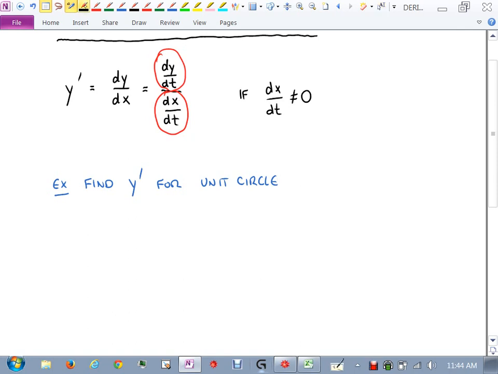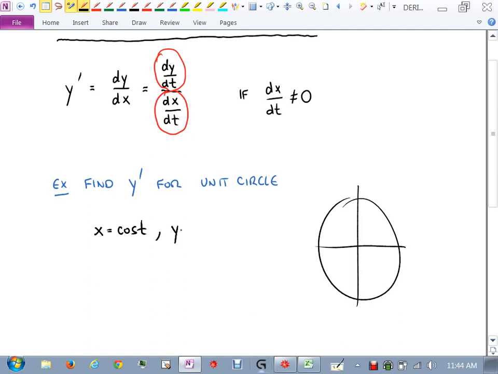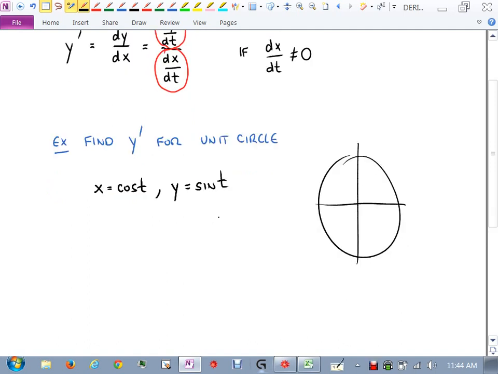So what we need to do is first come up with the curve equations, which we already did. We know that x is equal to cosine t, and y is equal to sine t. Let me find dx/dt real quick. What's dx/dt? The derivative of cosine t is negative sine t.